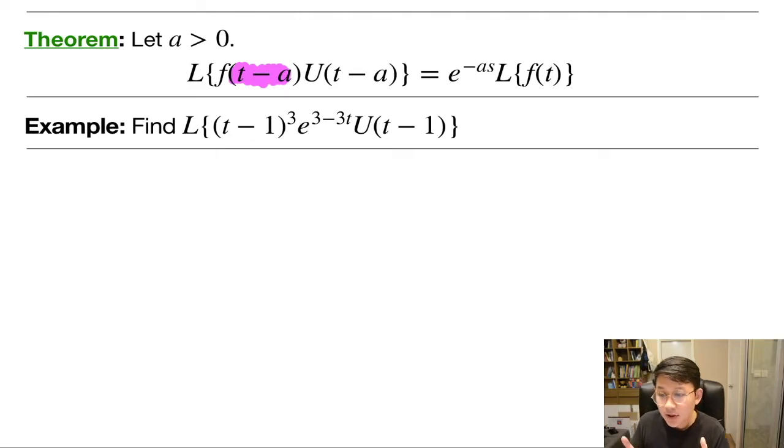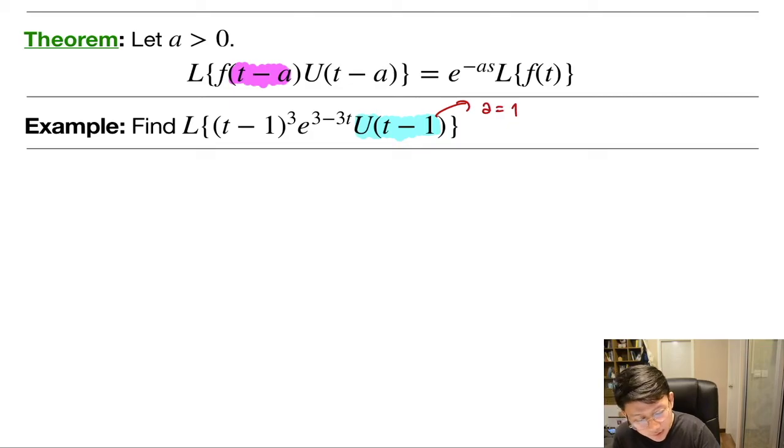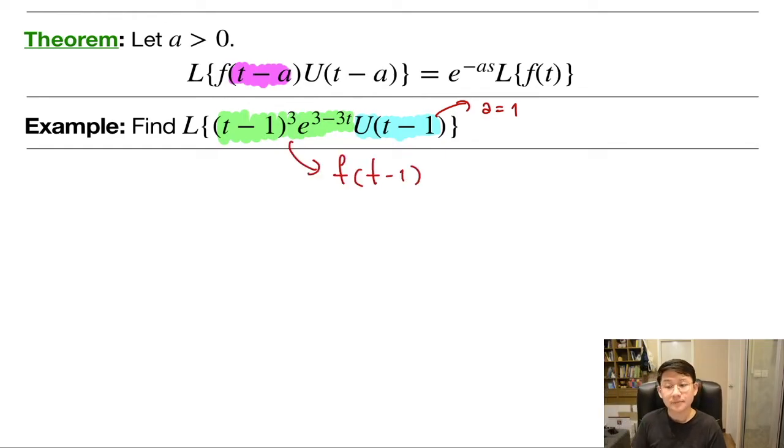So let's look at this example. Here you have u(t − 1), which means that you can tell that a is actually 1. So this function needs to be a function of t − 1, right? Makes sense?